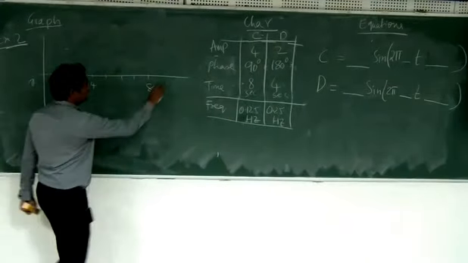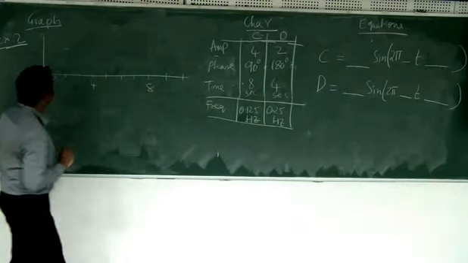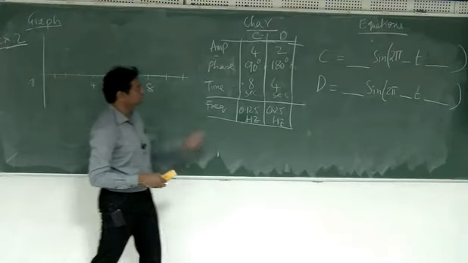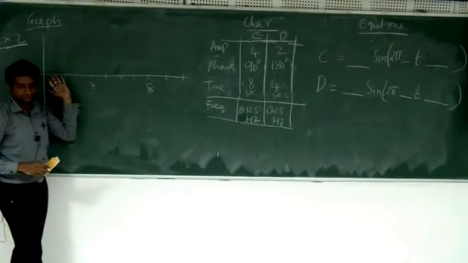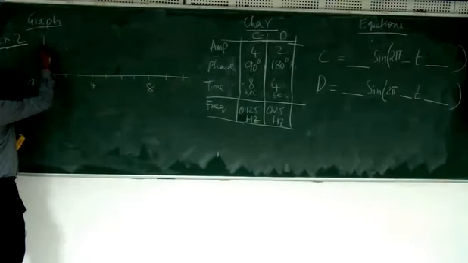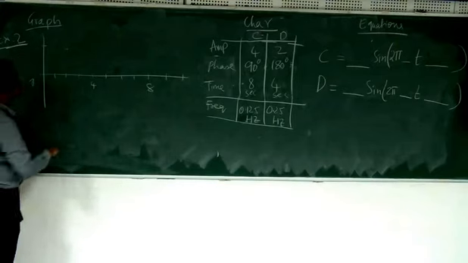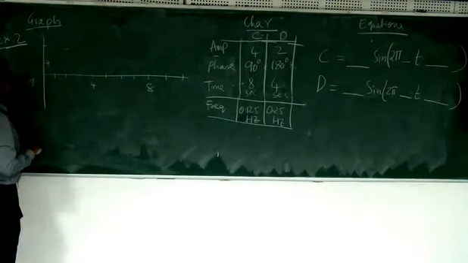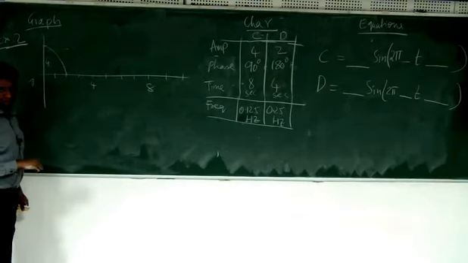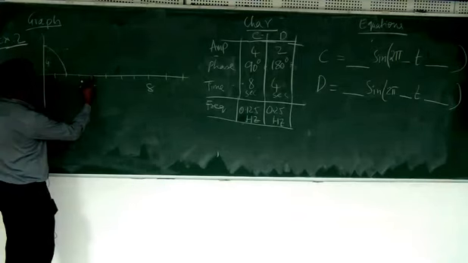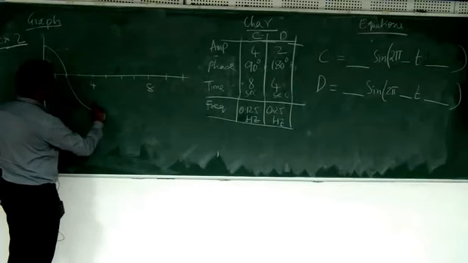So just for that, I'll just extend it. So the phase is plus 90 degrees. That means I have to move the waveform left side. So I start at maximum value, which is how much? 4. And then by the time it reaches 2, it becomes 0. By the time it reaches 4, it becomes negative maximum.